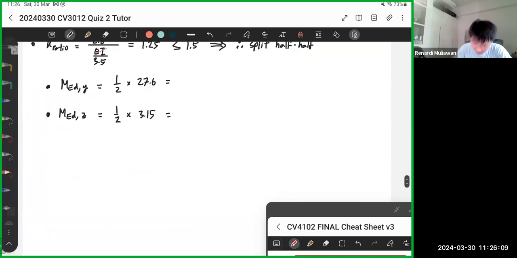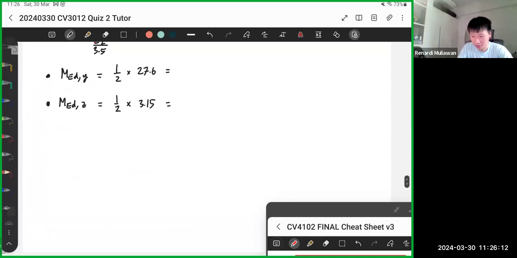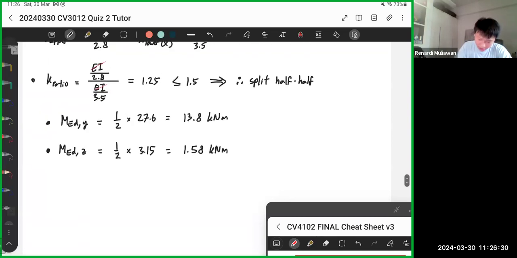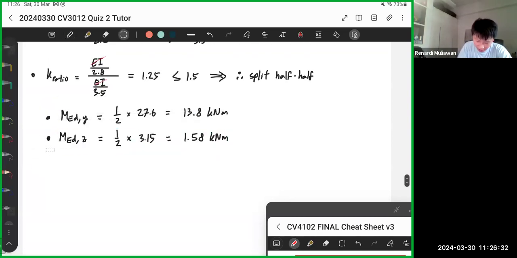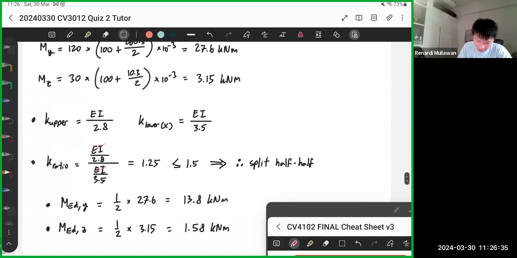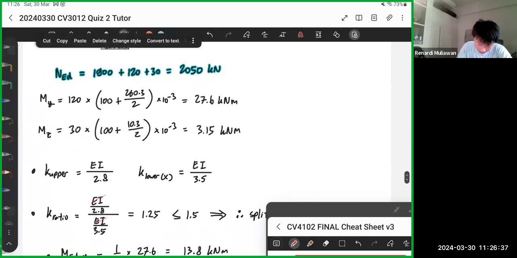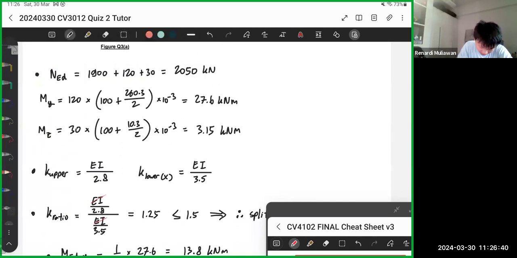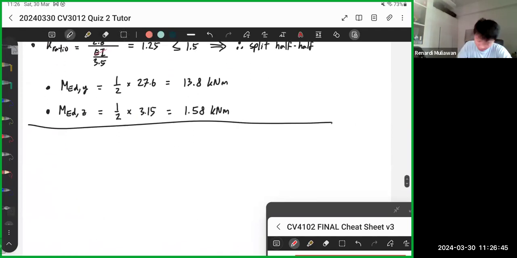Wait, is it 3.15? Yeah, it is. 27.6 divided by 2, you will get 13.8. So it's even lower if you notice. Then 3.15 divided by 2, you will get 1.57 or 1.58. So that's the value that you're going to check, which has been redistributed. Let me just put it here. Okay, so we are done. Now let's go to the checks.